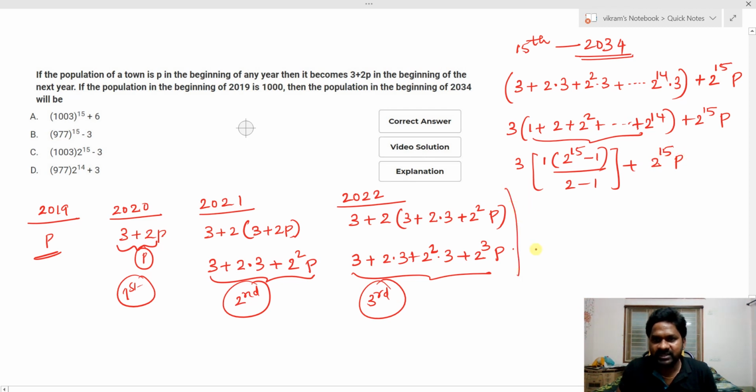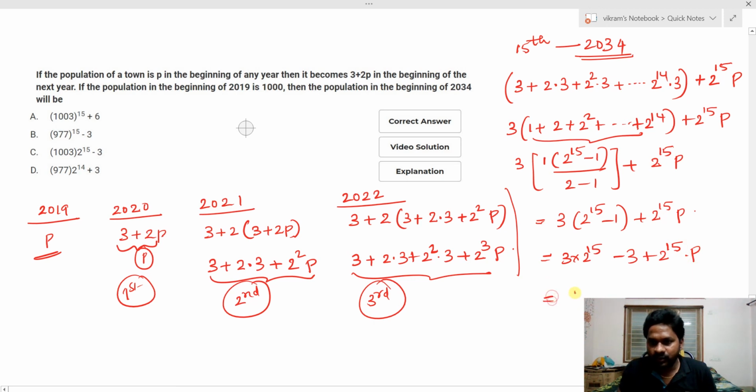Okay, now if we simplify this, what will we get? 3 into 2 power 15 minus 1 plus 2 power 15 into p. Then we can write this as 3 into 2 power 15 minus 3 plus 2 power 15 into p.